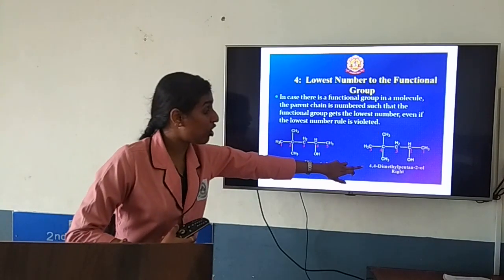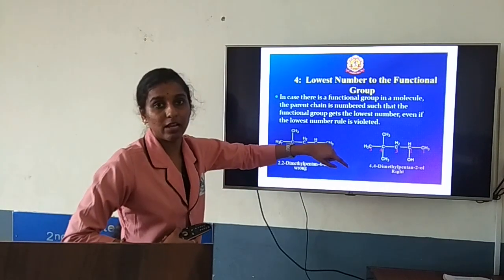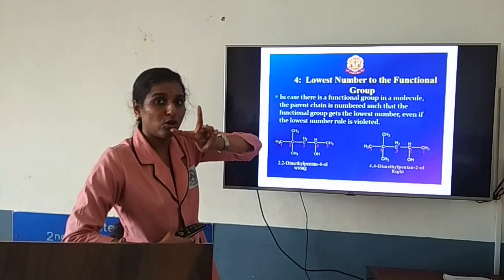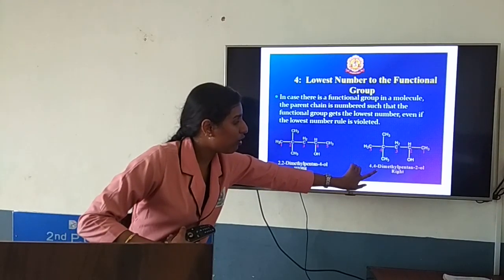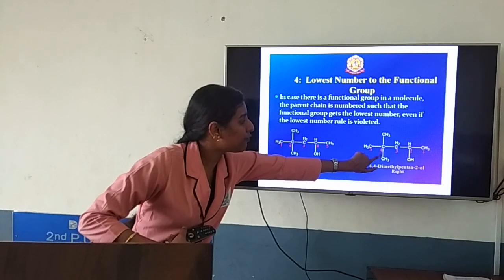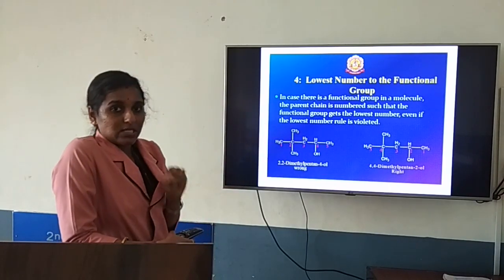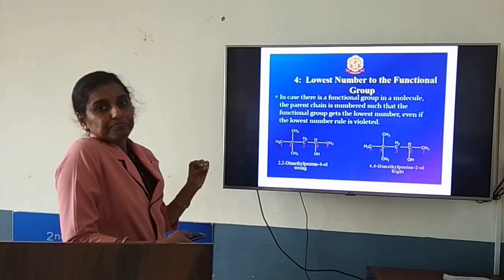So you cannot write just 4-dimethyl. If you are writing di, in the sense it is two methyl groups, and both are present in the fourth position. So one methyl is present in the fourth position, and another methyl is also present in the fourth position. So that must be represented properly. Okay, so this is regarding the fourth rule.